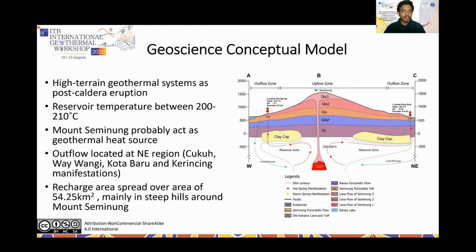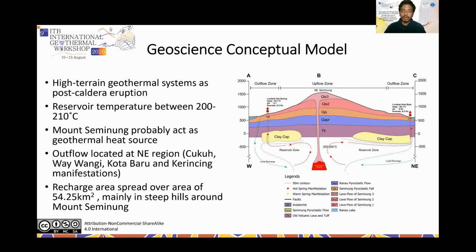Based on the geoscience study, the conceptual model of geoscience that can be produced is what is seen on this slide. This geothermal field is a high-terrain geothermal system that was created by post-caldera eruption. The reservoir temperature is between 200 to 210 degrees Celsius, with Mount Minung acting as the geothermal heat source.